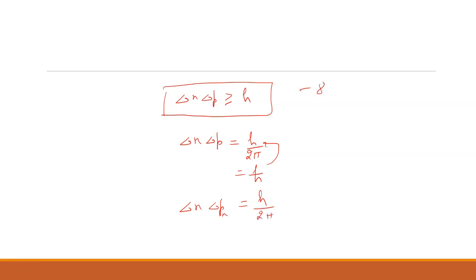This may be equation number 9. There cannot be any uncertainty if momentum is along the y direction, because here we are assuming the particle is moving along the x-axis only. So this is all about the Heisenberg uncertainty principle.